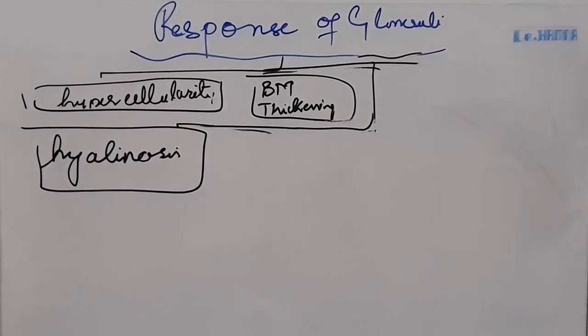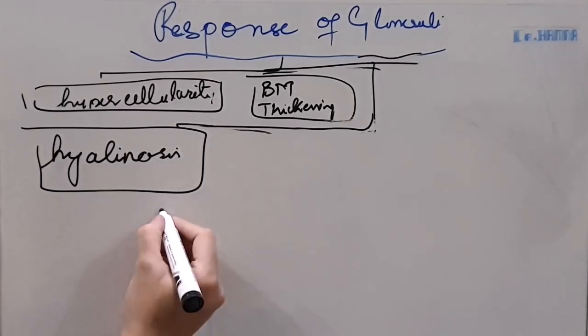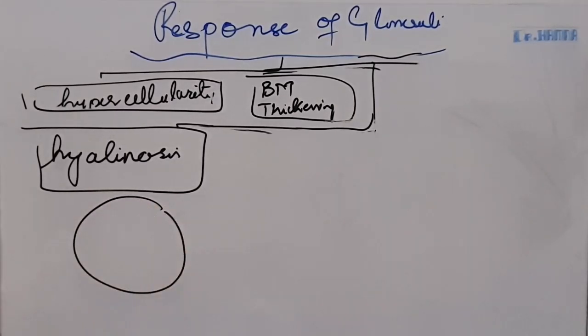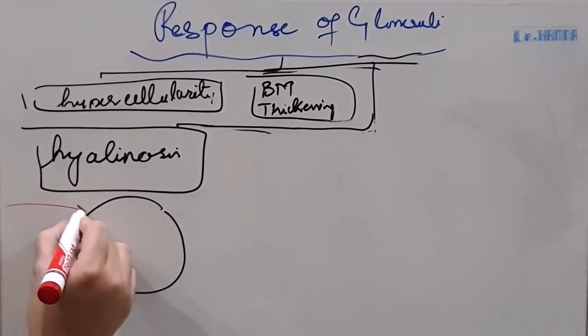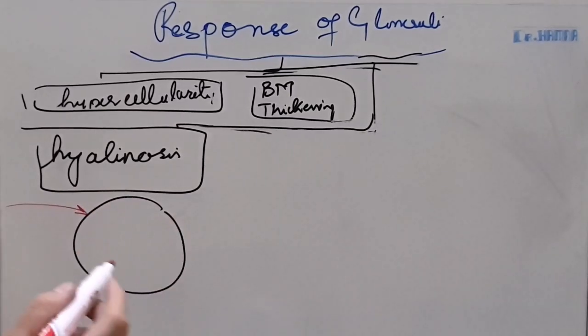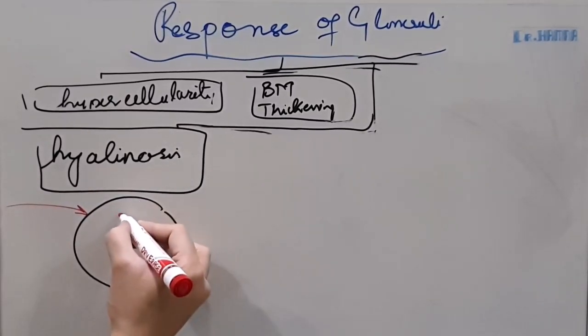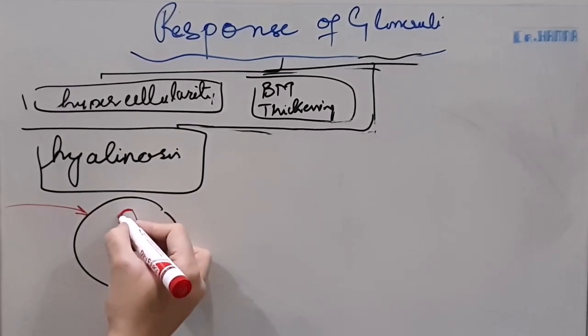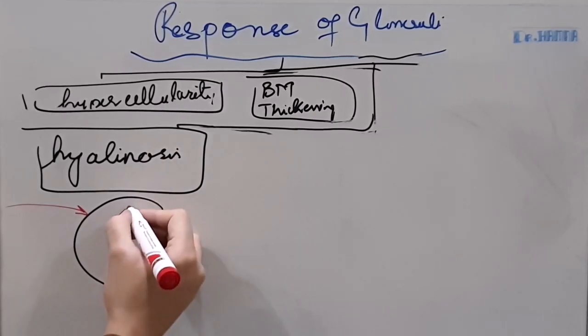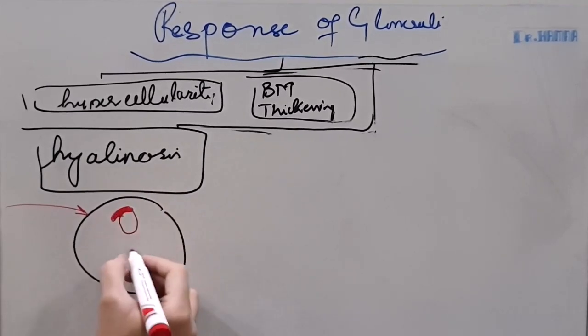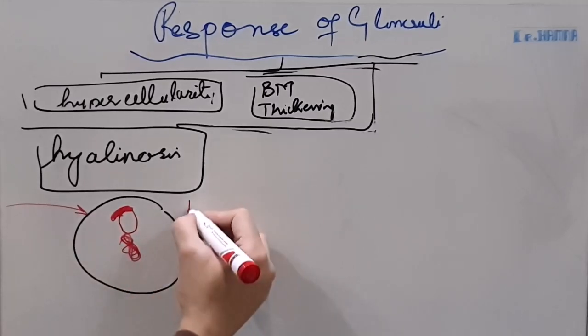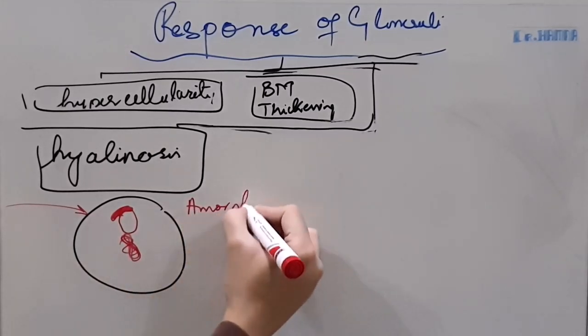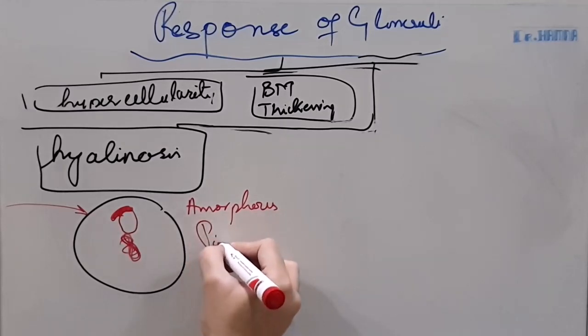So now the third change is hyalinosis. What is hyalinosis? It is the deposition of plasma proteins in the extracellular position within the glomeruli. Once the damaging effect damages the basement membrane, the filtration process is altered, and then the plasma proteins start depositing within the glomeruli. These can deposit within the endothelium, in the subendothelial space, or on the basement membrane, or within the mesangial matrix, and these look like amorphous pink deposits on H&E.